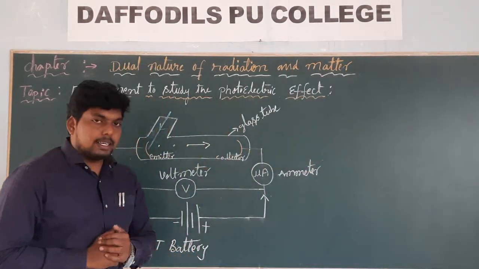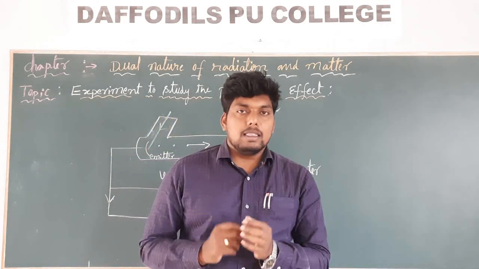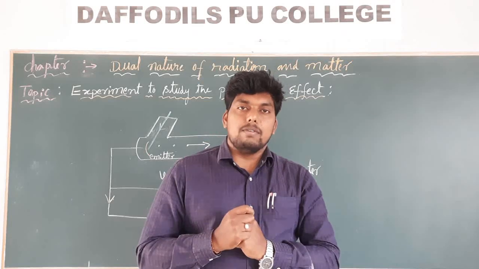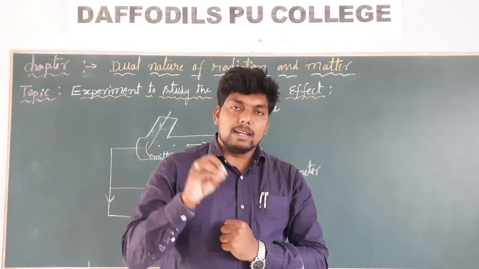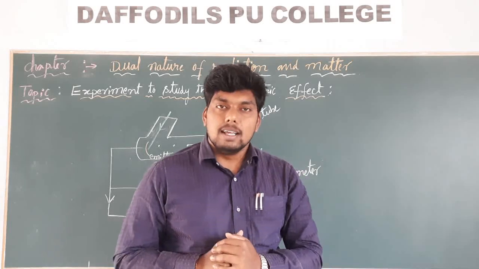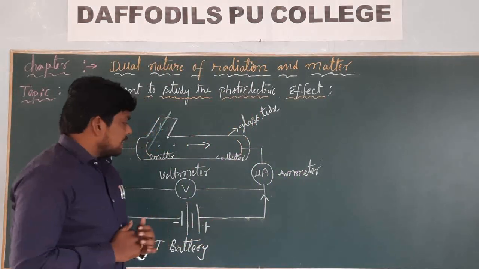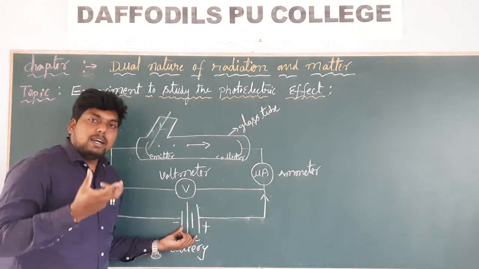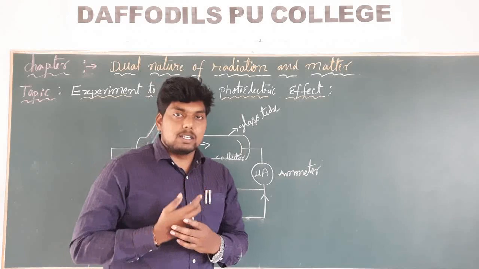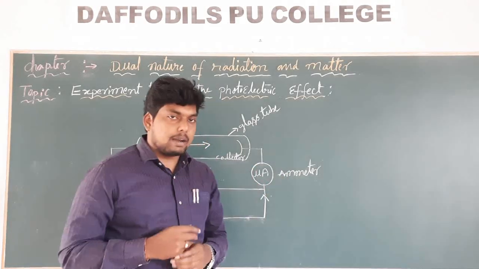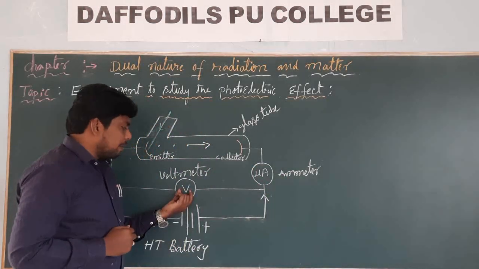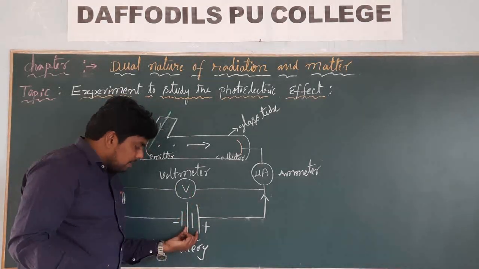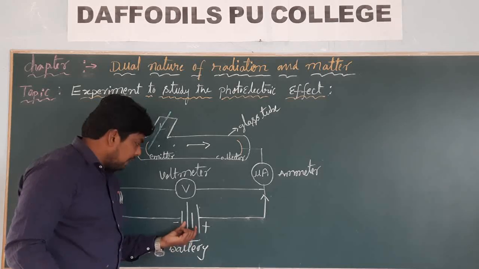Next, one more device, that is a battery. You might have seen the battery. The battery provides the potential difference, and at the same time it creates the electric field.